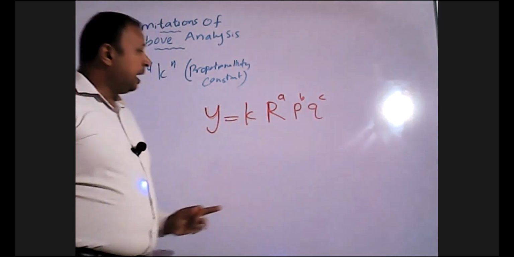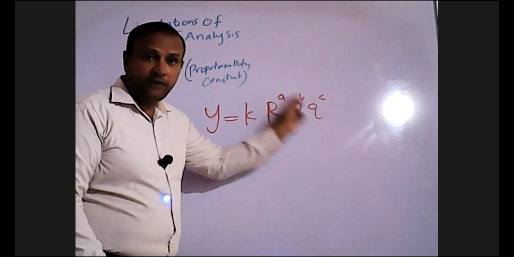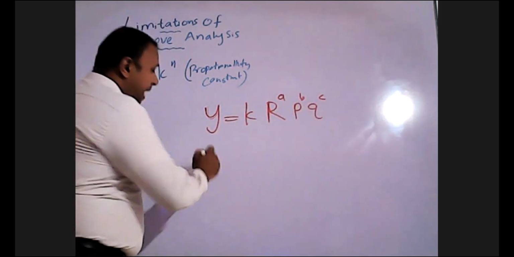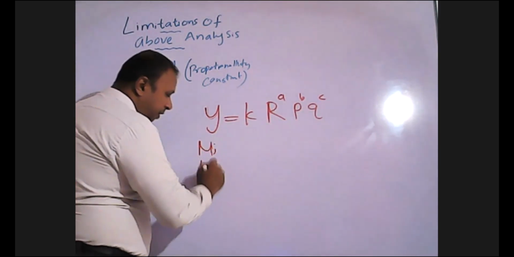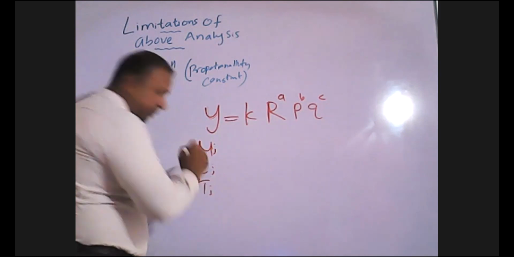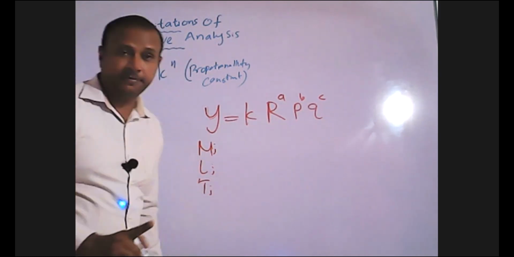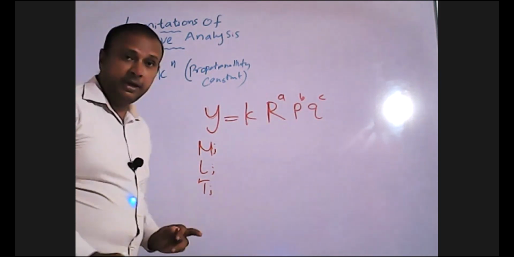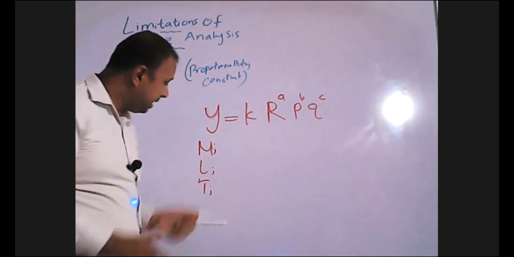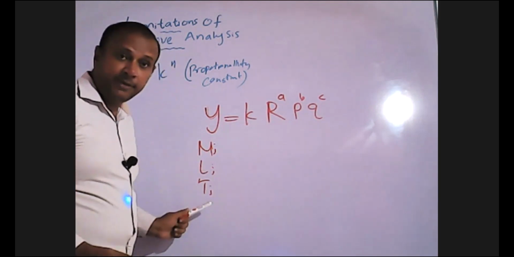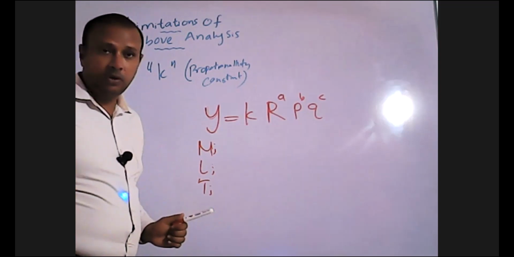Okay. Actually, if we want to find a, b, and c, we have to equate the power of M, power of L, and power of T. Normally, according to our A-level syllabus, M, L, and T are the only dimensions we know.